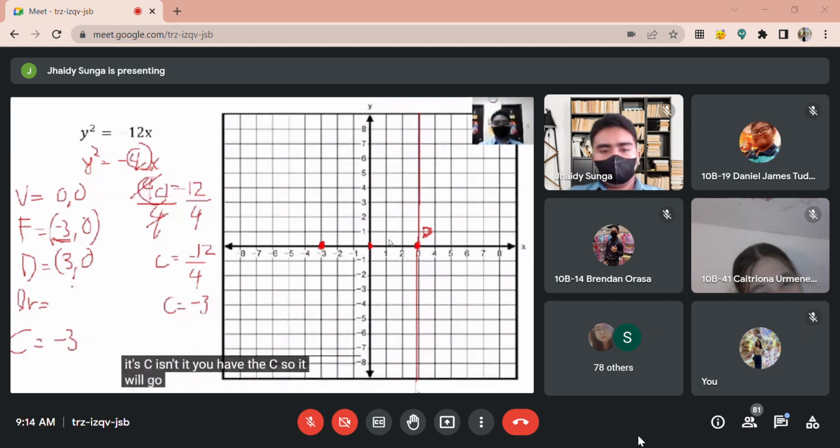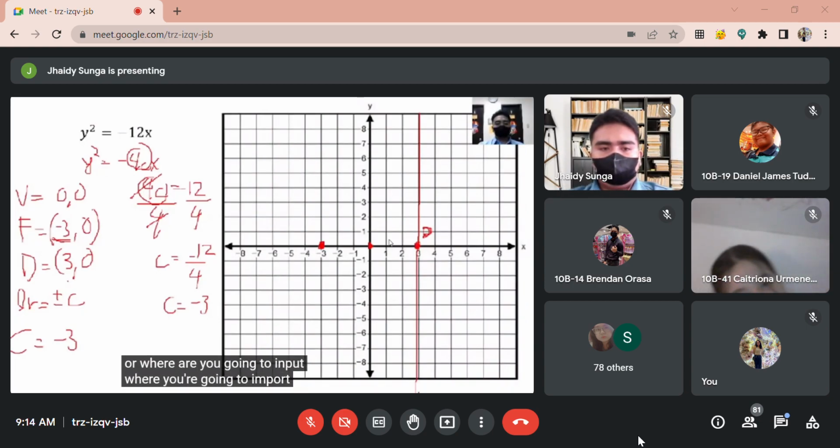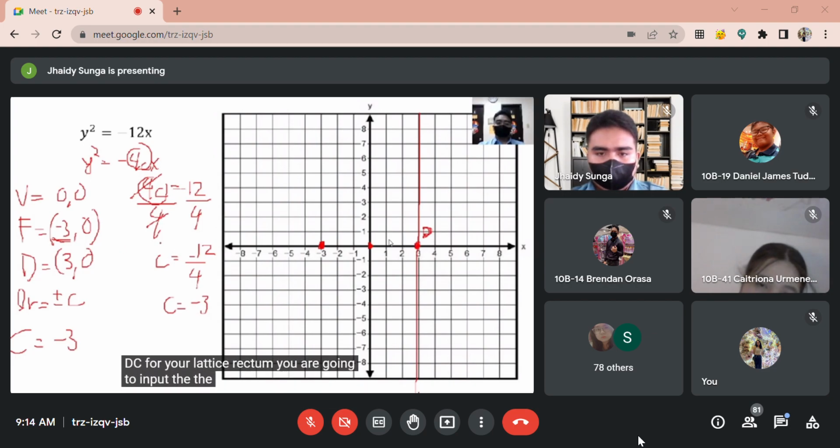So you're going to multiply positive, negative, c. Where are you going to input this? You're going to input the value of your c at your y.